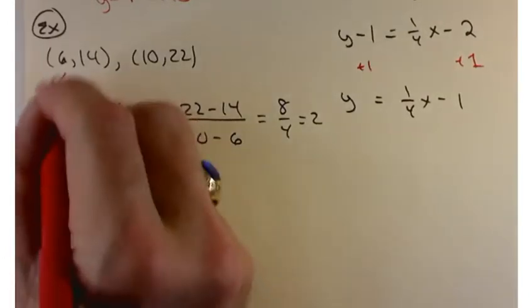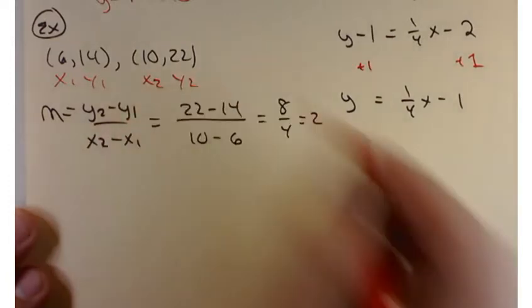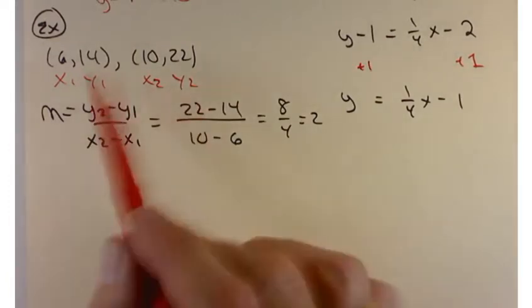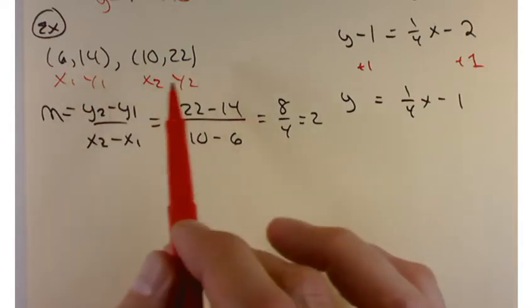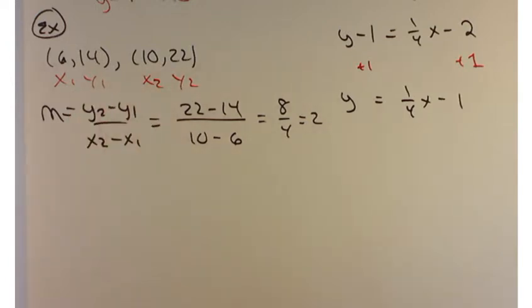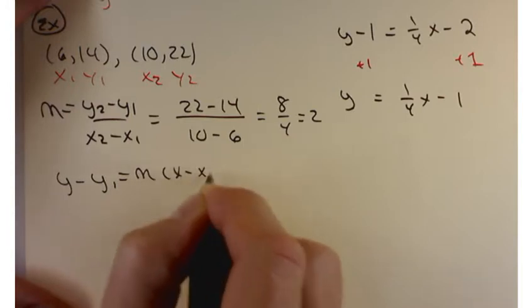Now I'm free to use either one of these points that I want. I know that as I used this slope formula, I regarded this as x1, y1, and this is x2, y2, but I really could pick either point. I'd suggest you pick the point that looks easiest and most comfortable to use. So y minus y1 equals m times x minus x1.